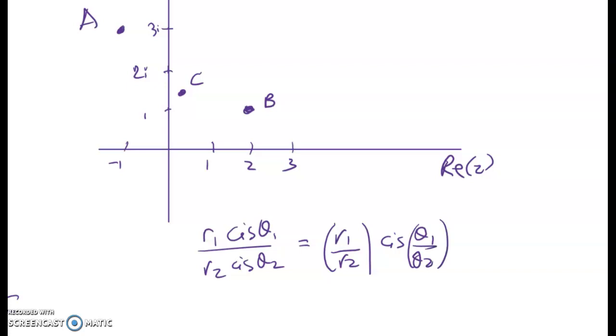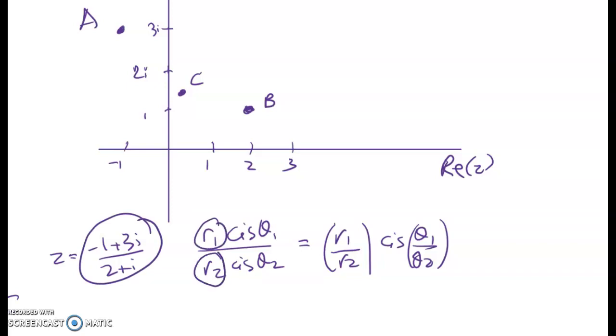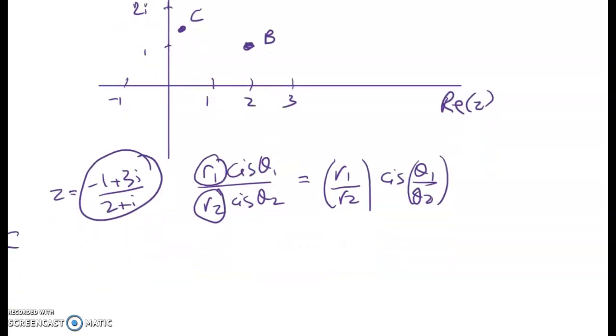So in this case here, we've got z is equal to that. What we can say is that the length of that whole thing there is just going to be the length of the numerator over the length of the denominator. In other words, OC is equal to the length of OA over the length of OB. So if you spot that, very, very easy 1 mark.